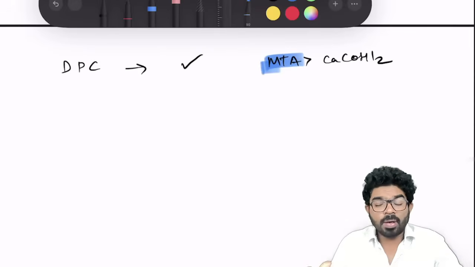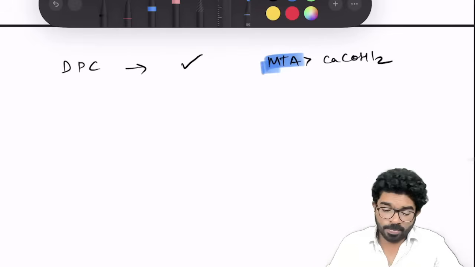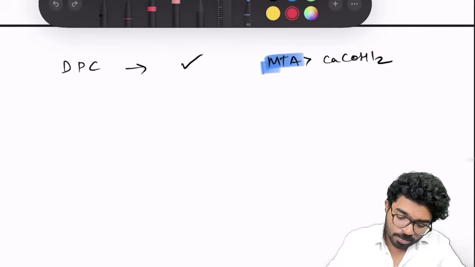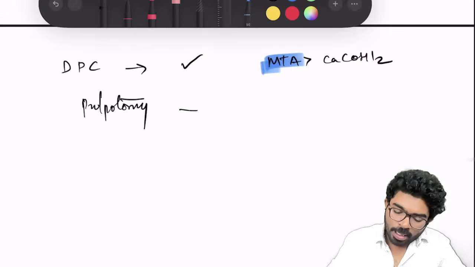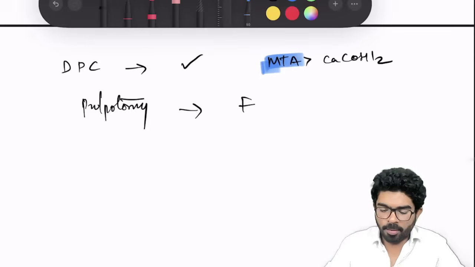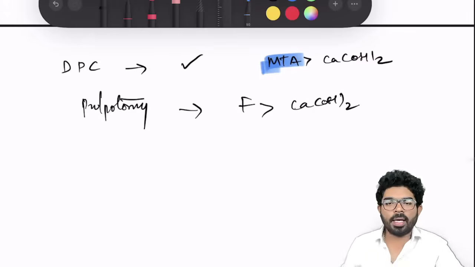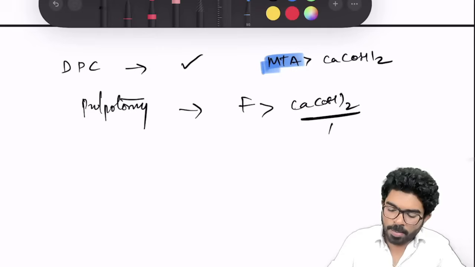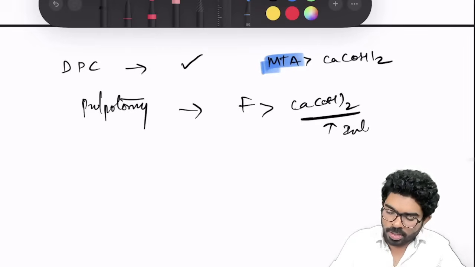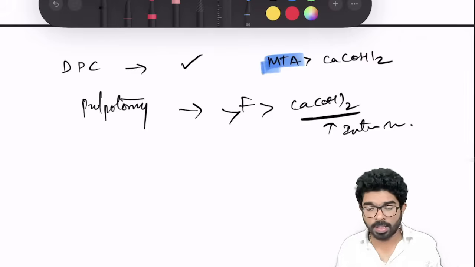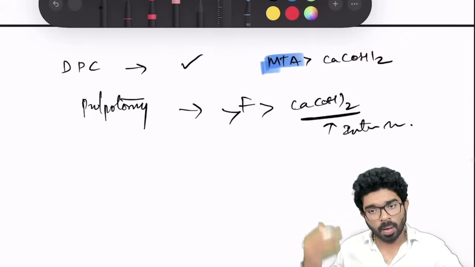Okay, right? So again in pulpotomy, the best material is formocresol pulpotomy when compared to calcium hydroxide pulpotomy. Why can calcium hydroxide pulpotomy lead to internal resorption compared to formocresol? Because formocresol is going to have lots of toxicity on the brain cells.